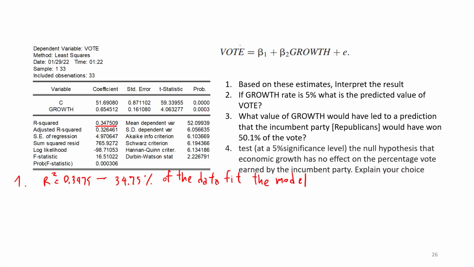Then you have to interpret the coefficient, which equals 0.65, whose probability is less than 0.01.